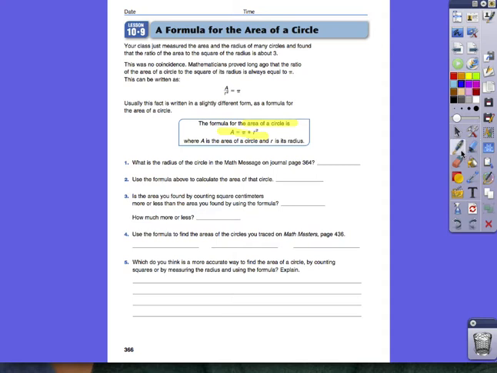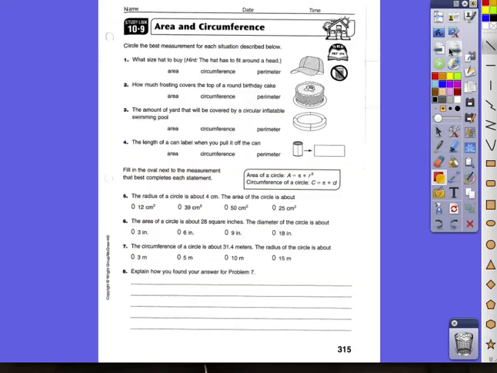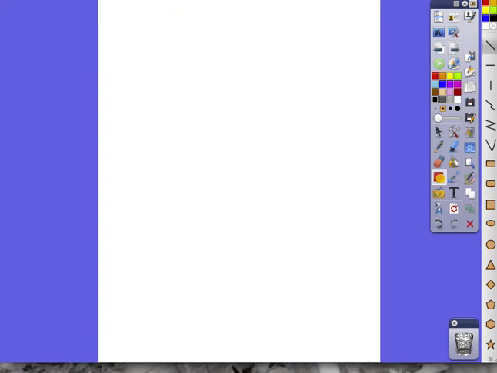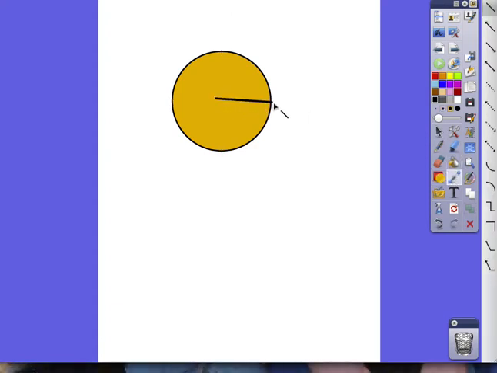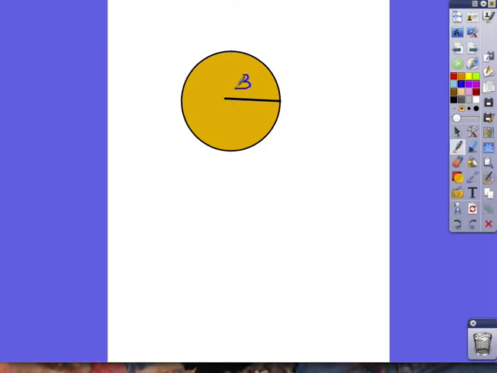So if we had a circle, and our radius was equal to 3, we're going to use that formula from that page before, pi times radius squared.